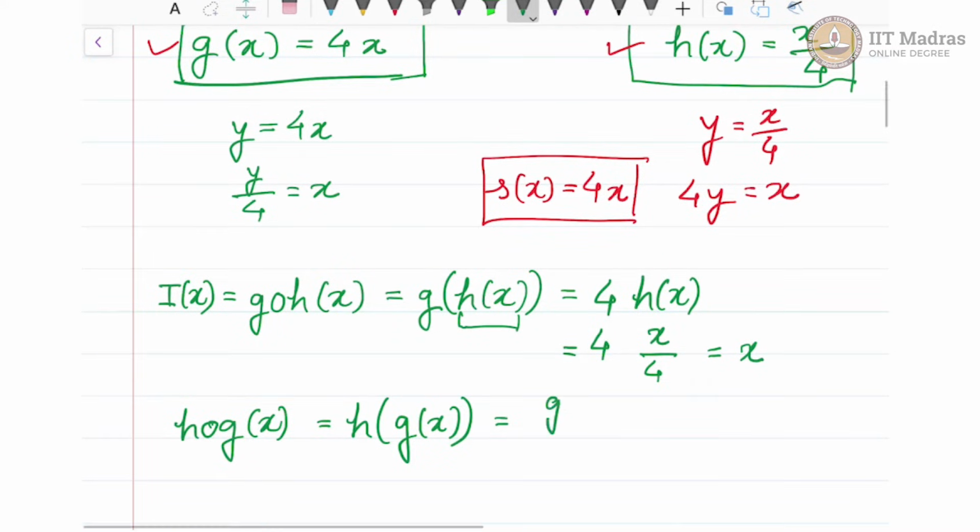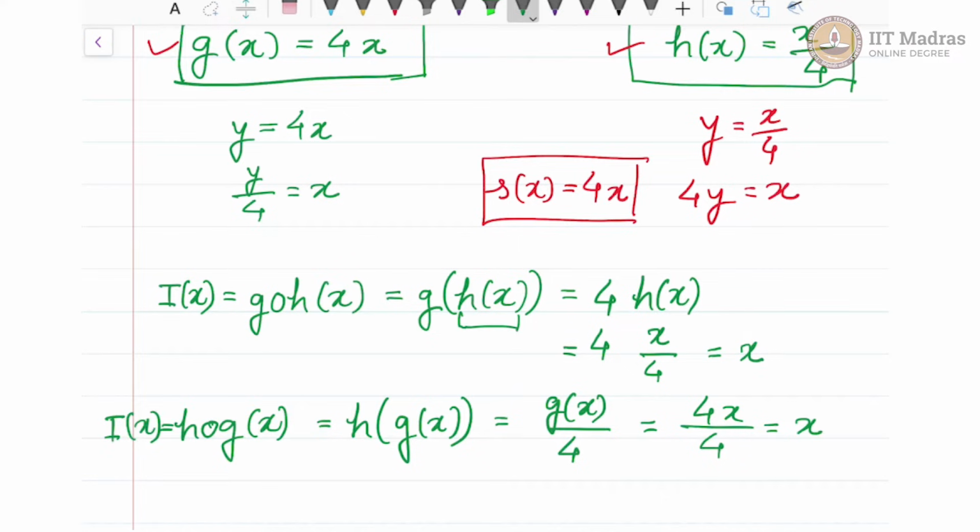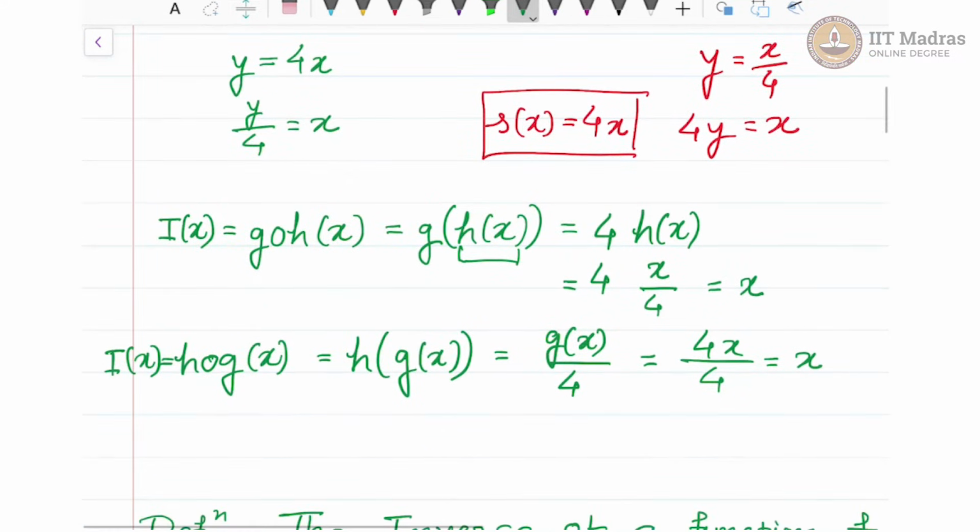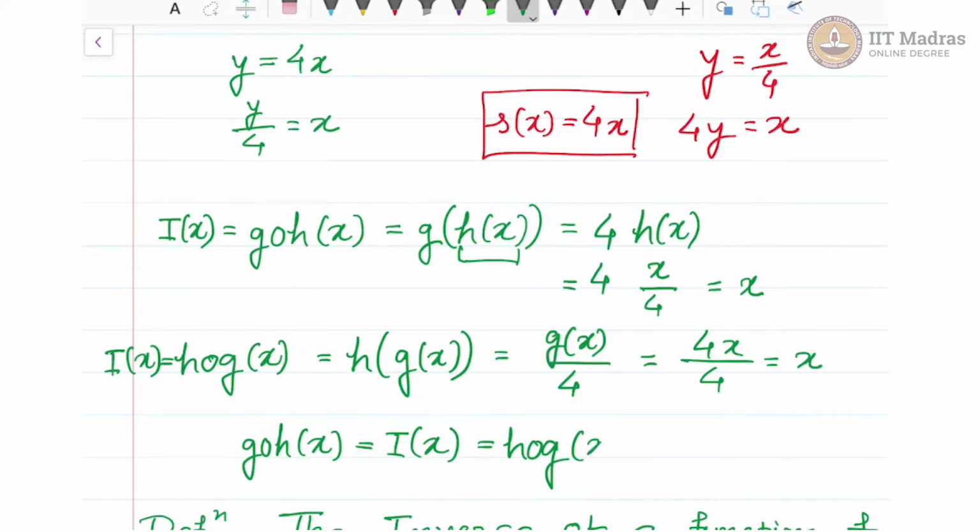It is g of x by 4, and g of x is 4x. Therefore I will get 4x by 4, which is equal to x, and therefore this is also equal to the identity function of x. So to summarize, what I got is g o h of x is equal to I of x, which is equal to h o g of x.